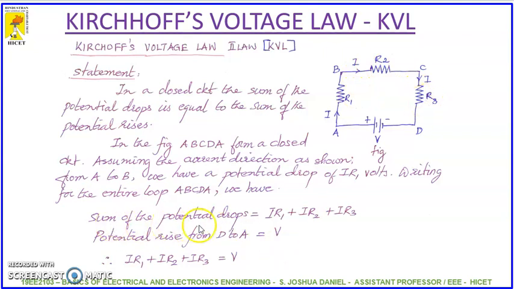So we can write the sum of potential drops as IR1 plus IR2 plus IR3. We know the potential rise is from D to A and it is denoted as V. So as per KVL, we can write IR1 plus IR2 plus IR3 is equal to V.